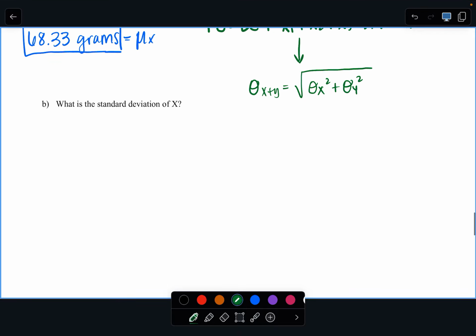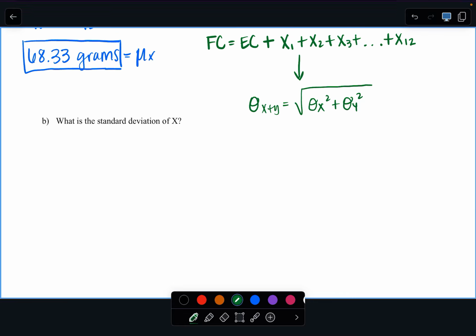So the approach initially is roughly the same. I'm going to set the standard deviation for the full carton equal to, but instead of keeping it as just 1.7, standard deviation is the square root of all of those values squared.